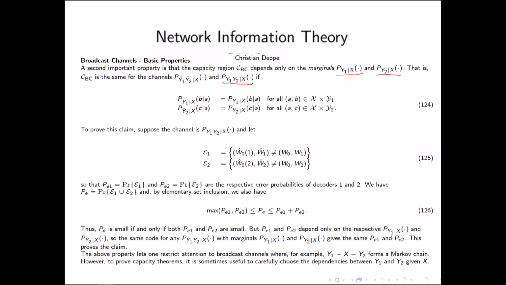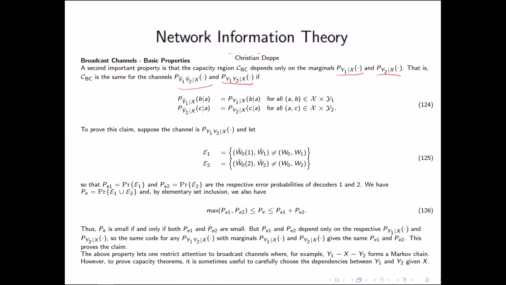And the theorem says if I have another channel, a tilde channel, P(Y1 tilde, Y2 tilde given X), a channel from X to Y1 tilde and Y2 tilde, such that the marginals are the same for all a and b, then the capacity regions are also the same.